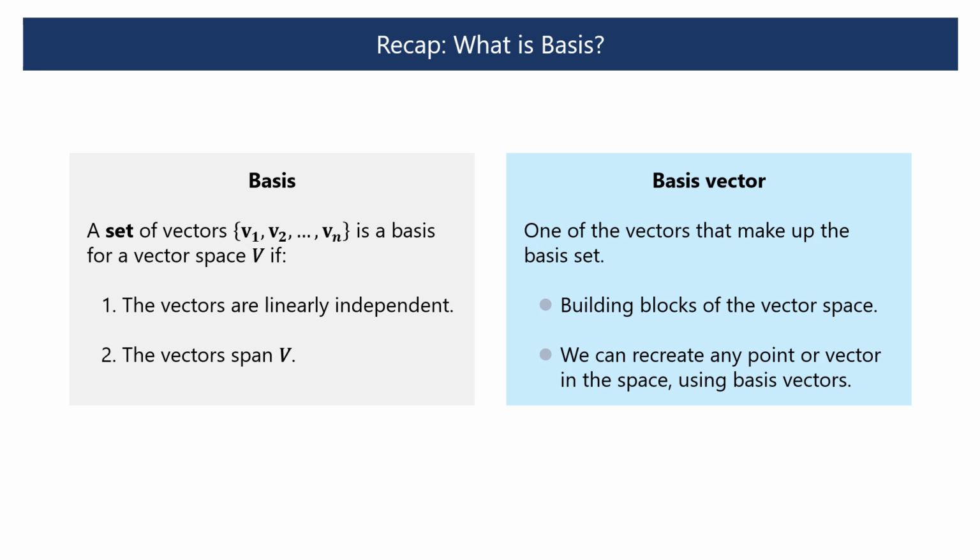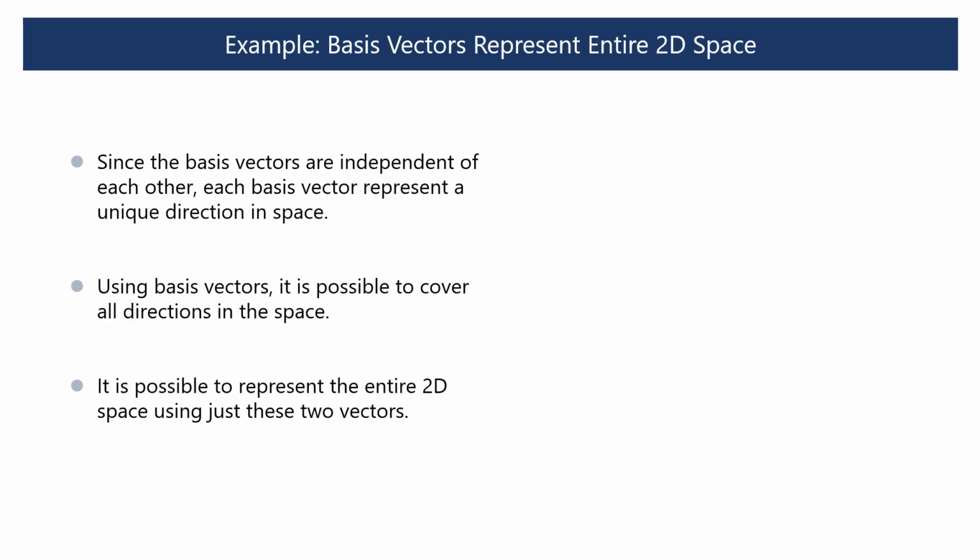We can recreate any point or vector in the space using just these few basis vectors. Since the basis vectors are independent of each other, each basis vector represents a unique direction in space. So, using basis vectors, it is possible to cover all directions in the space.